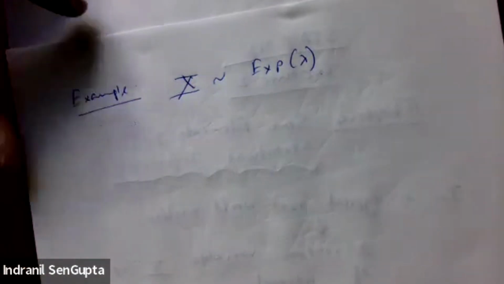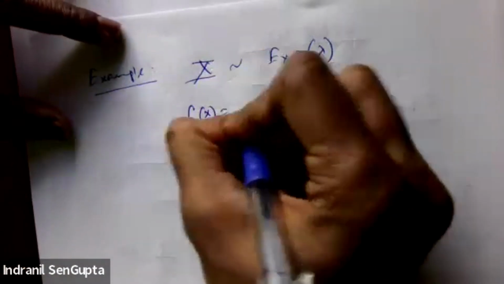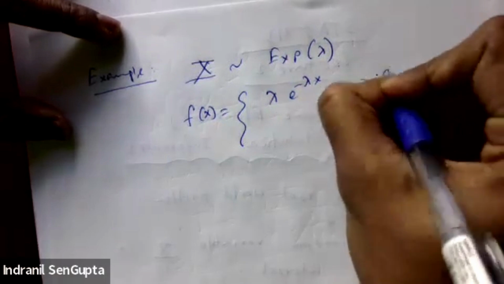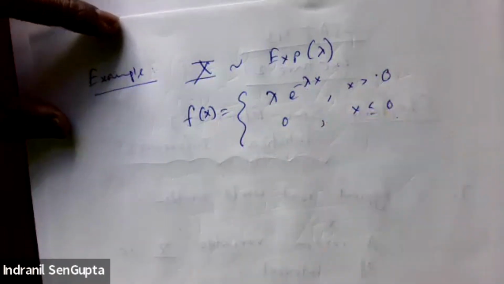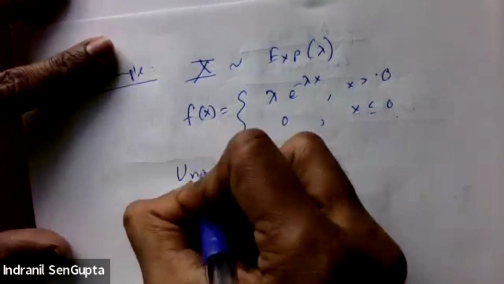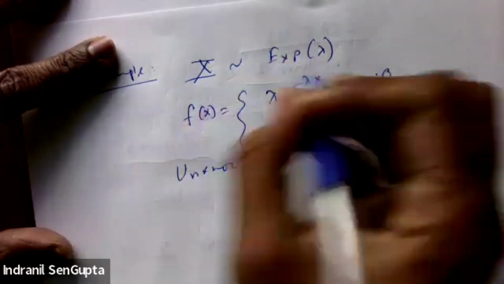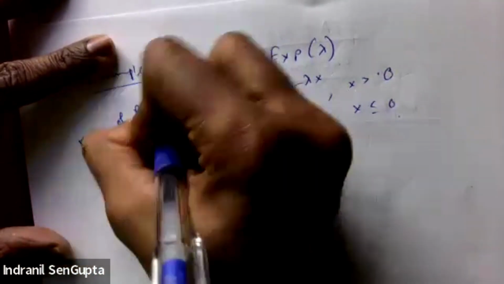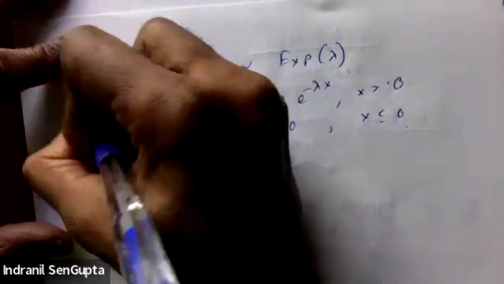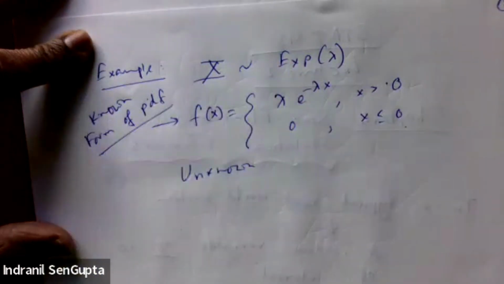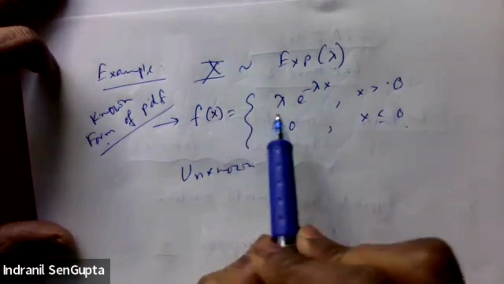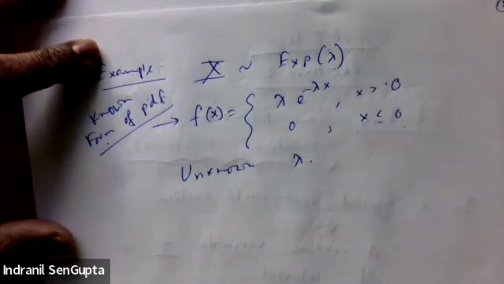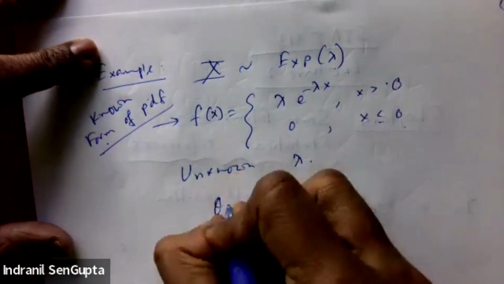In this case, we can say that f(x) satisfies the form lambda e to the minus lambda x for x bigger than 0, and 0 for x less than 0. We know this form of the PDF. It is known. We know that there is a constant lambda, so that f(x) looks like this one. What is unknown is lambda. So in this case, theta is lambda.